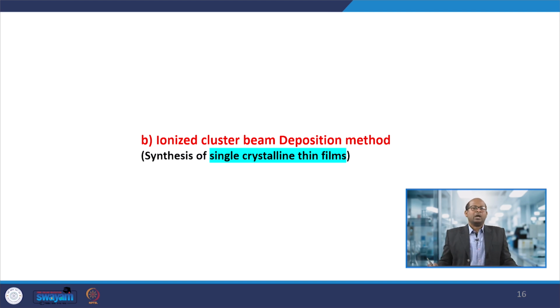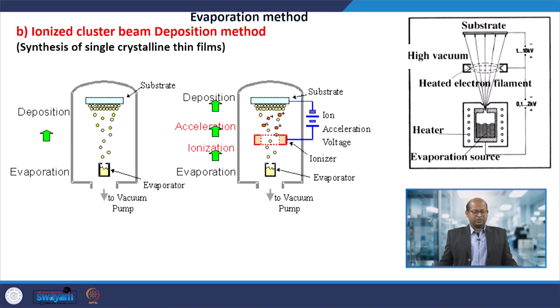Next we will discuss the ion cluster beam deposition method. In this method we can synthesize single crystalline thin films. Here there is an evaporation chamber where the material is taken, and a furnace or heater outside the chamber heats up the metal. Then there is an ionization chamber, and then acceleration, and the ions that form are deposited on the substrate.